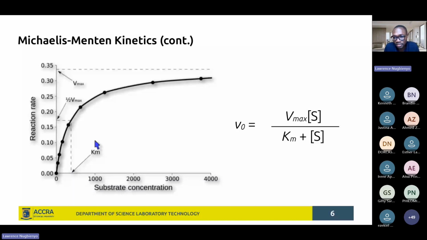study enzyme kinetics. And the equation is based on, if you remember the equation of a line, y is equal to ax plus b. Here, it means that y is going to be the rate of the reaction, and you have the x being the substrate concentration.